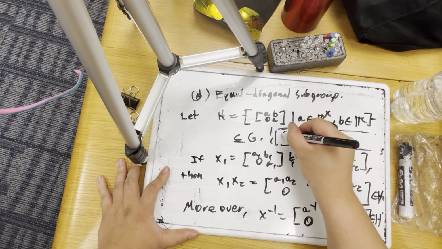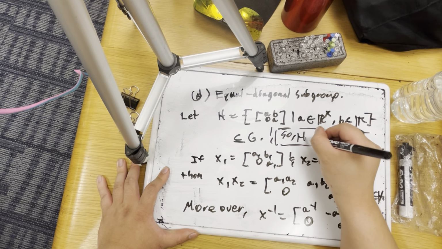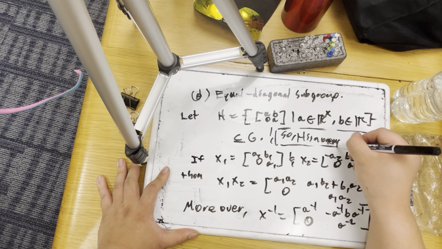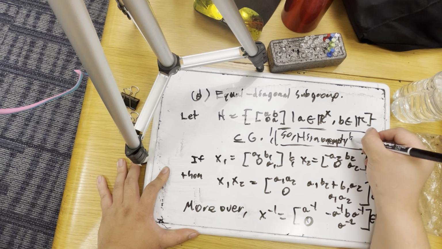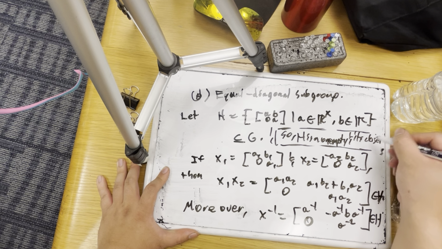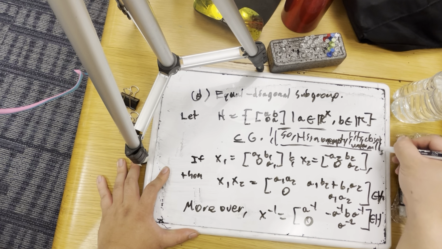Well, we can say H is non-empty. It's non-empty and it's closed under multiplication and inverses. That's what I'm trying to write down there.